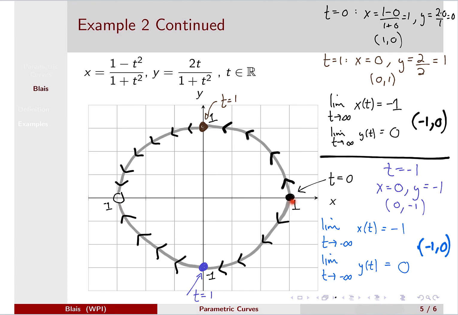But again, you want to think of it like the parameterization works in this way where it's going fast and then it slows to a crawl and takes an infinite amount of time to get to the point -1, 0, but it never actually gets there. So this is another example of a way to parameterize the unit circle, although we missed this point.